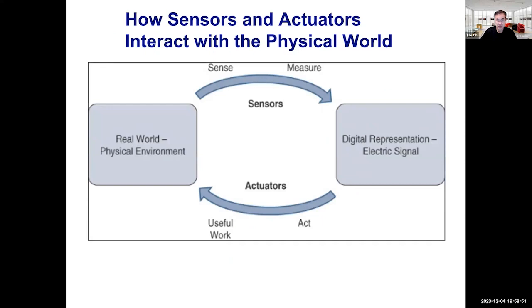I want you to know that sensors and actuators are what make things work and move. From the real environment, this is a feedback loop. In the real environment, sensors collect the information, right? Anybody doing AI or data science? One of the most important things is data, right?